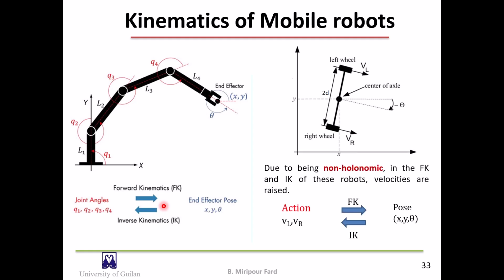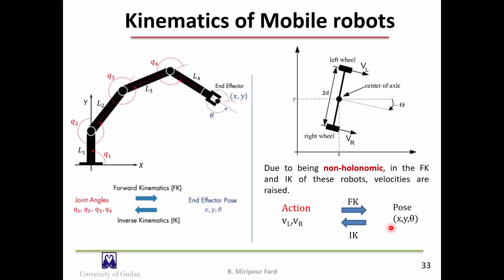In the case of wheeled robots, forward and inverse kinematics are slightly different. Due to the existence of non-holonomic constraints, in the forward kinematics and inverse kinematics of these robots, velocities are raised. In these robots, we have action and pose.